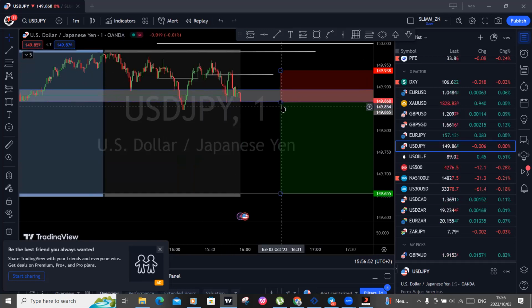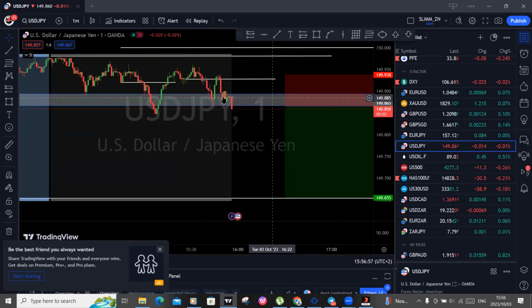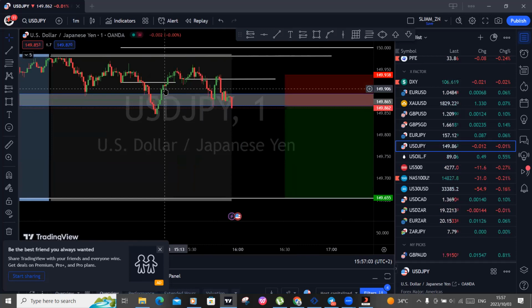Okay. You see, we got carried away. Remember, we were saying if price comes to this zone, I look for a red candle to show me that I'm actually selling. Let me just manage my trade there.